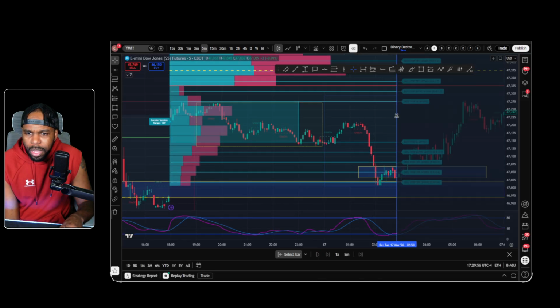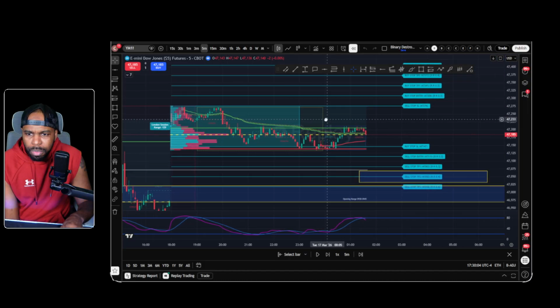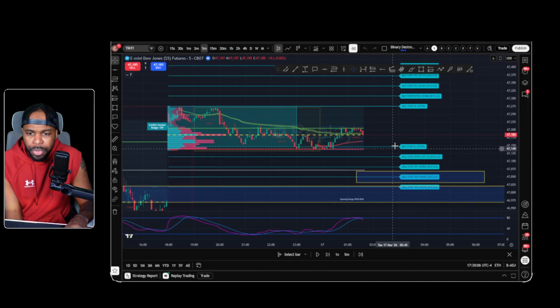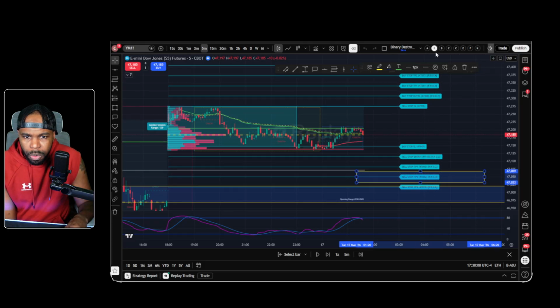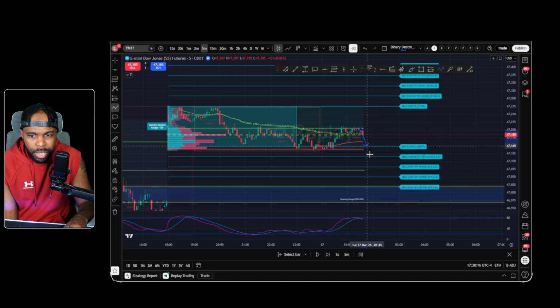So in this case, let's see if I can bring up my replay. I think that would be better. So as you can see right here, since we have the zone all the way down here, I'm going to go ahead and target TP3 because I know price likes to come into these key levels.